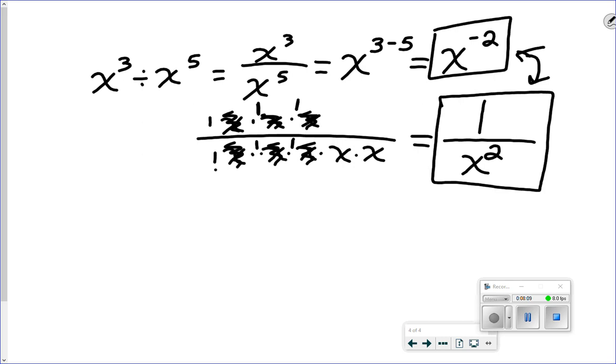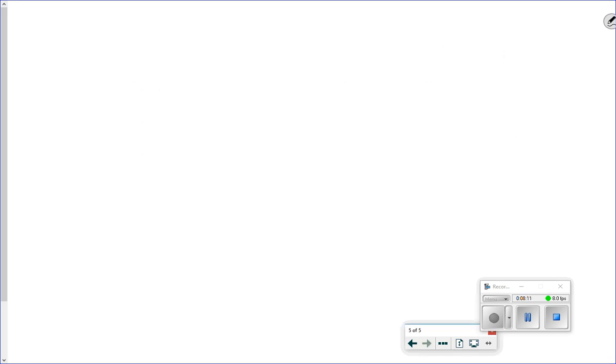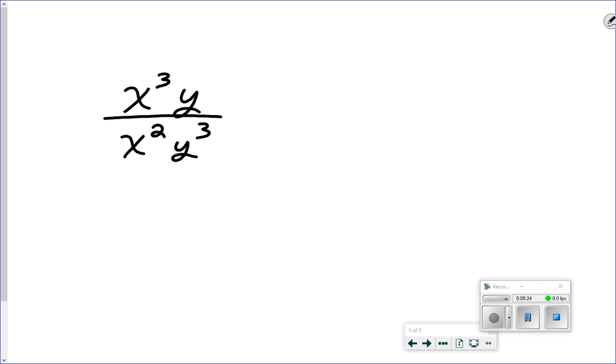So one more example with the quotient rule. Let's take something that has a couple different letters. Let's say we have this. Usually you'll see it written as a fraction. And for now, I want you to practice doing the canceling rather than subtracting.